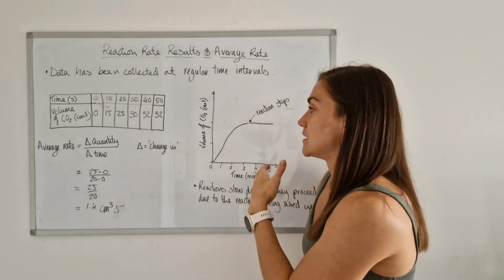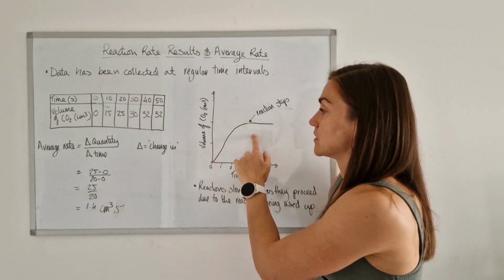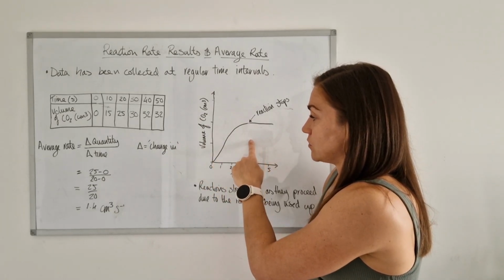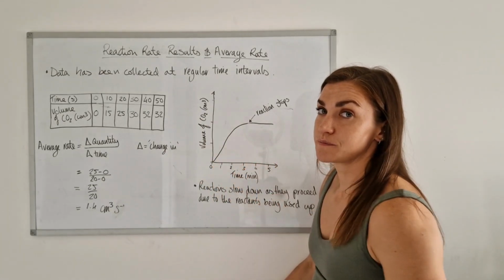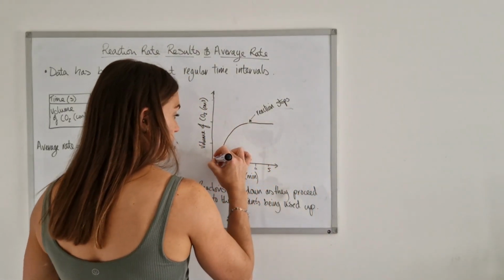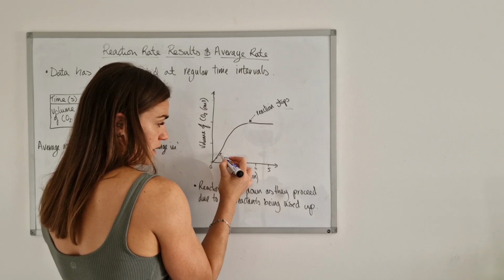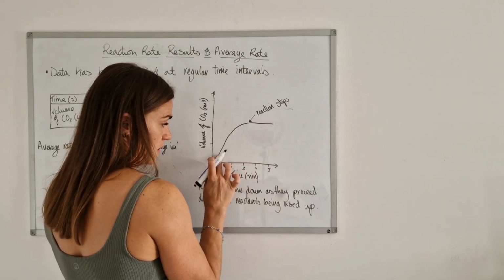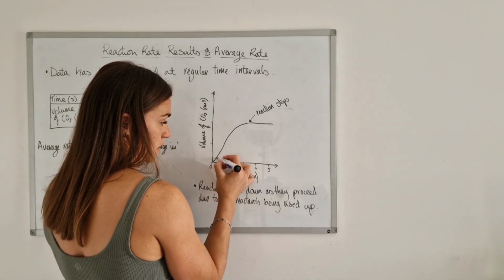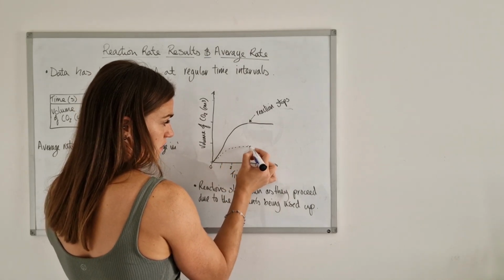If you were to add double or half the amount of reactant, let's say half the amount of reactant, it wasn't in excess, then you would only make half the amount of gas. Okay? So I will add this to the graph. So let's say we're halving our amount of reactant, it will go up more slowly to only half the volume.